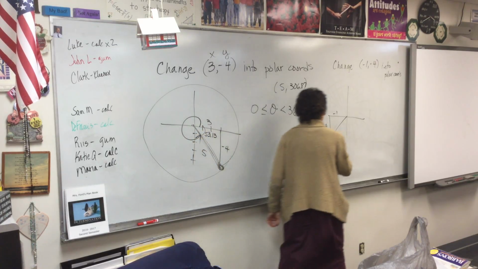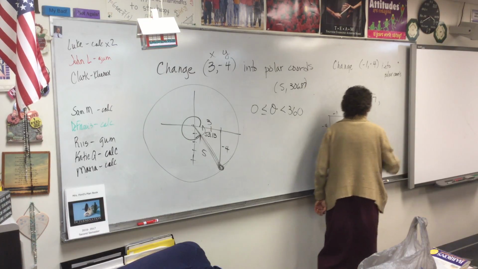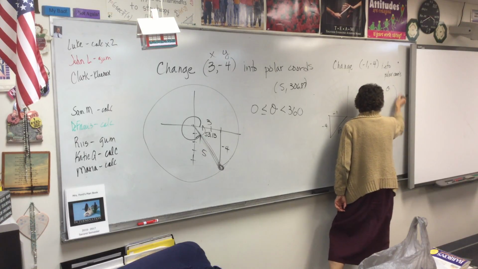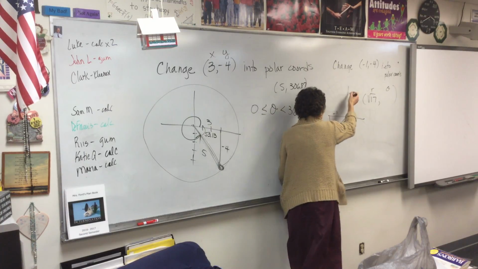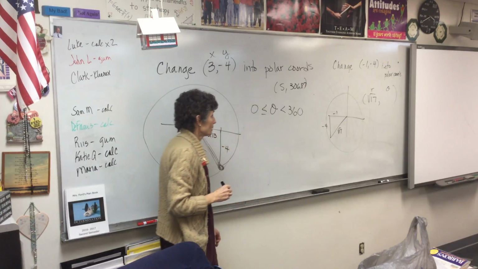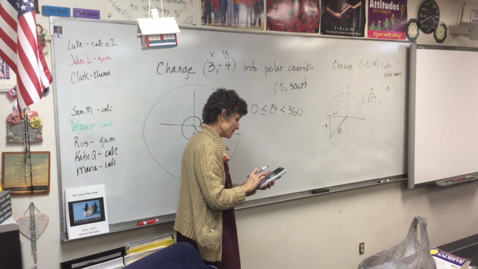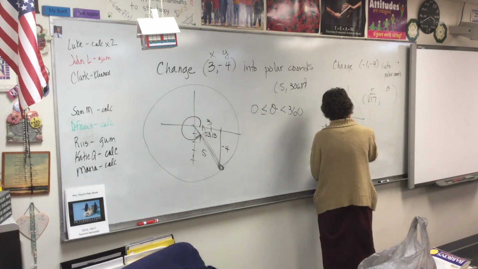Square root of 17. You are finding r and theta. R is the magnitude of the vector. Think of a circle there. That's your radius. Now, how do we find our angle? Tangent inverse. So I got 75.96.